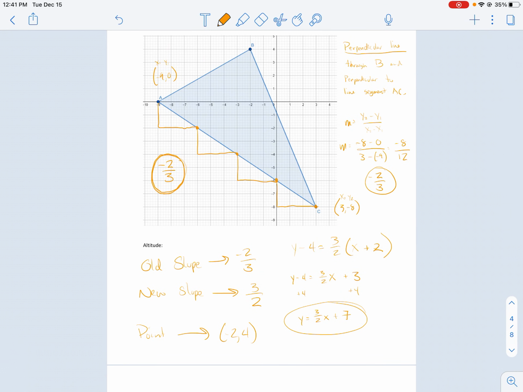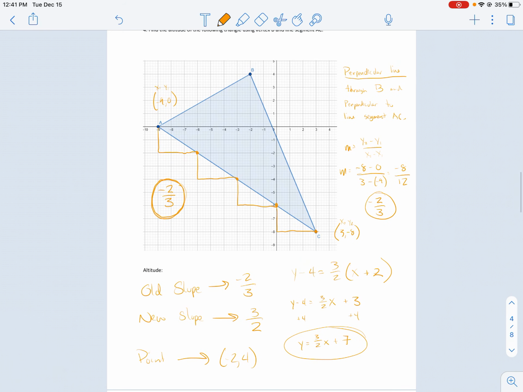So let's draw that. Well, we're going through point B, so I guess we're not going to be able to utilize that y-intercept, but we can still do the slope. Instead of going up 3 over 2, I'm going down 3, back 2. Down 3, back 2, down 3, back 2.